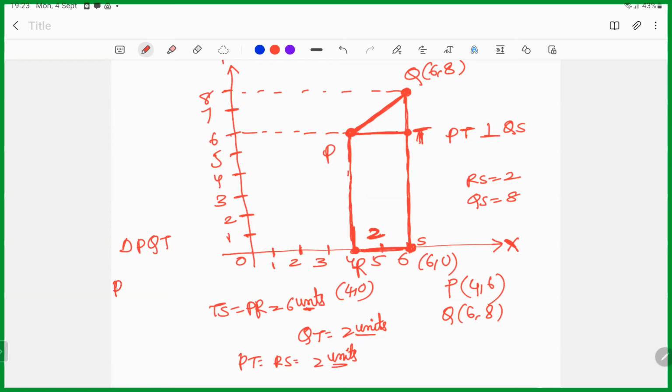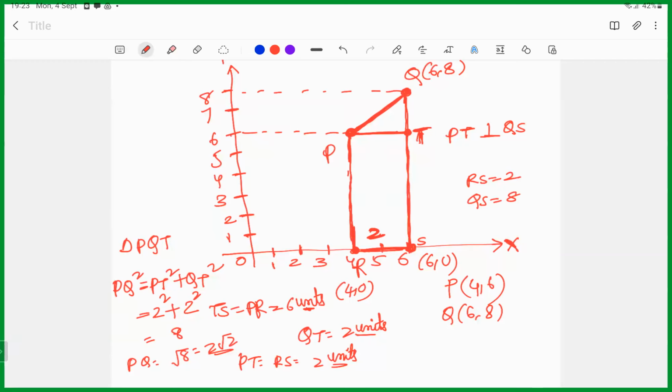PQ square equals PT square plus QT square. How much is PT? 2 units. QT is 2 units, right? 2 square plus 2 square is 8. So PQ equals square root of 8, which is equal to 2 root 2. That's how we can find the distance.